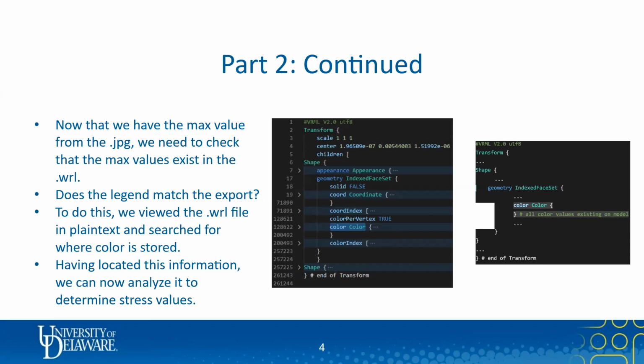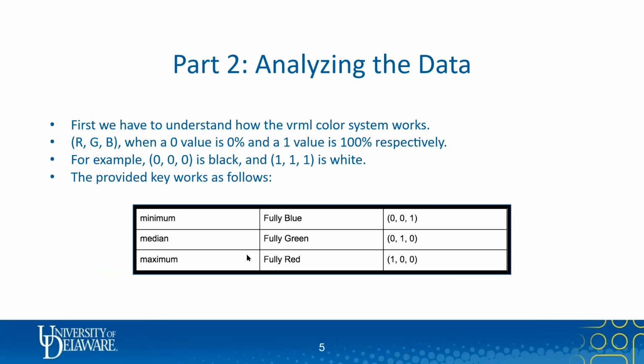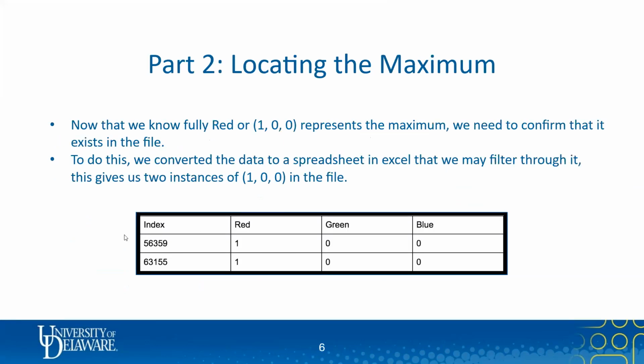Specifically, there were 2 points that used a fully red value, and if it's 1, 0, 0, that means it is the maximum, matching the legend maximum of fully red. With that, we found 2 indexes where it was confirmed to be fully red. So we knew that the value we initially found through pixel counting was actually representative of the file.